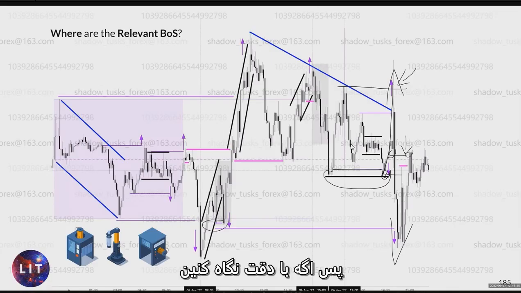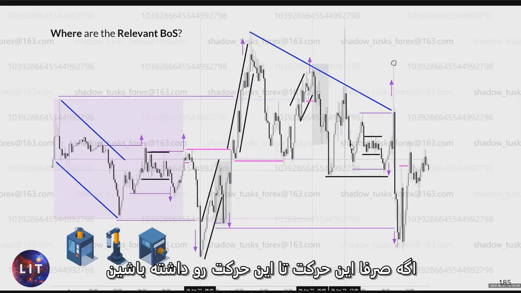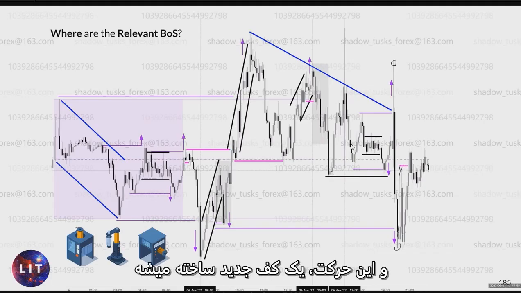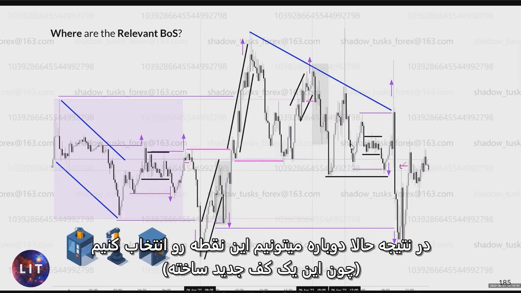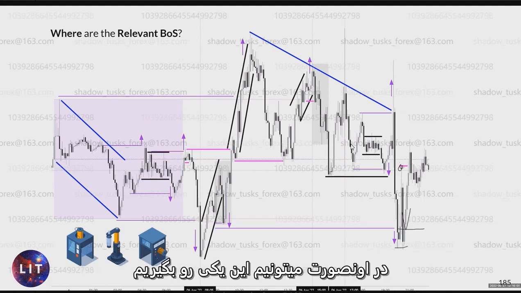Right, so if you look closely, and that's where details come into place. If you're just having this push to this push, there's no possible break of structure. But guess what? It gives a push high. And this push made a new low. So now, again, we can take this point as this made a new low. Again, if this push would have stayed short of it like this, then we can't take this, right?